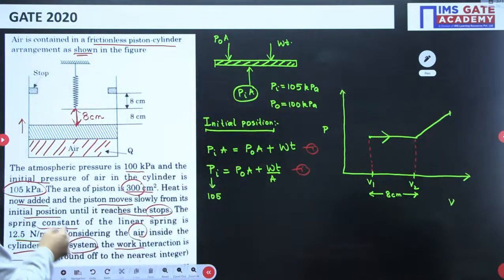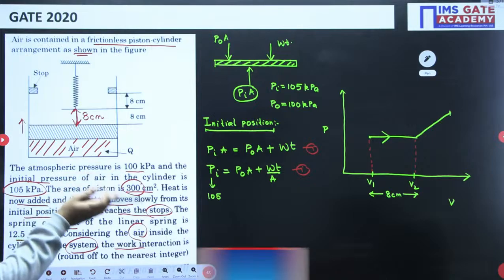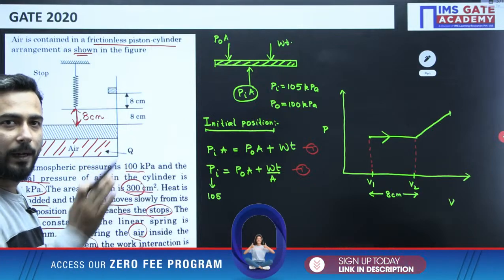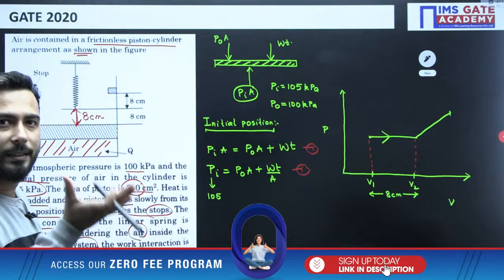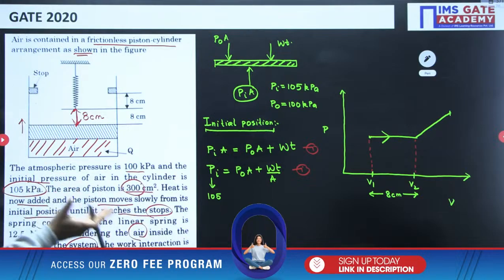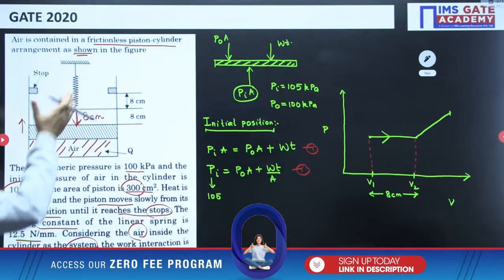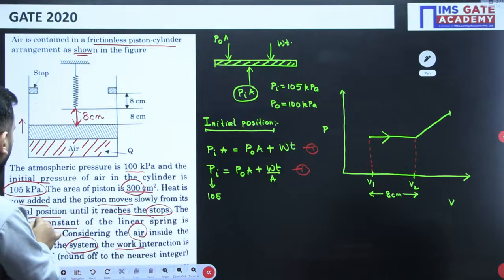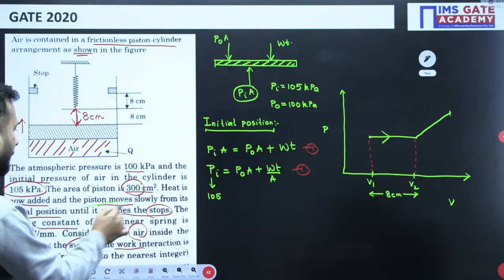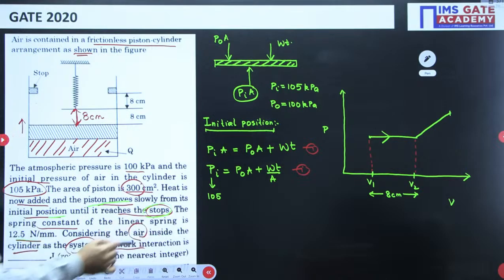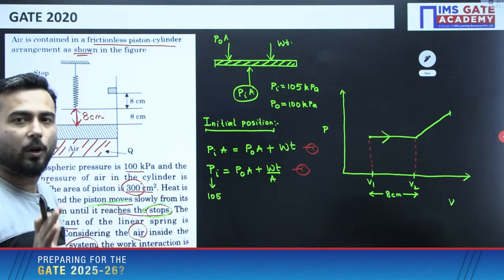Now he is saying that we have to add the heat. Why is the piston going up? Because you are providing heat, expansion is taking place, air is trying to expand, and as such it is pushing the piston upwards. He is saying I will give heat until it reaches the stop. When it reaches the stop, I will stop giving heat.